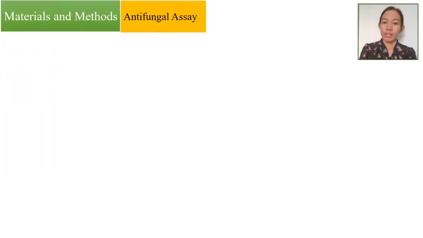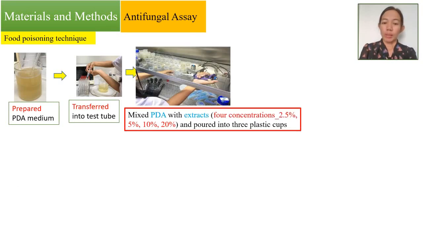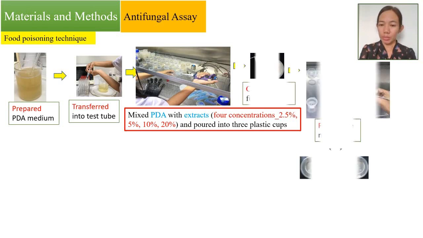The antifungal assay of the 50 plant extracts was tested by the food poisoning technique. At first, PDA media was prepared and put into test tubes. After that, the 50 plant extracts were mixed with PDA media at the test concentration individually inside the test tubes and then poured into three plastic plates per test tube.